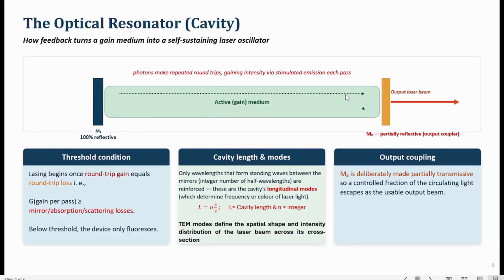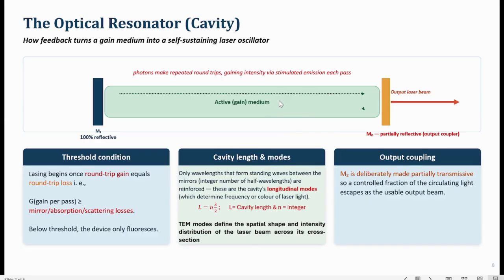Now mirror M2 is made deliberately partially reflective and partially transmittive because it has to work as the output coupler also. The laser beam has to come out of this mirror whenever the gain inside the cavity is greater than the losses in the cavity.